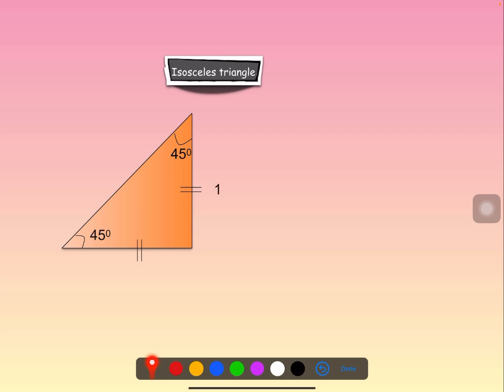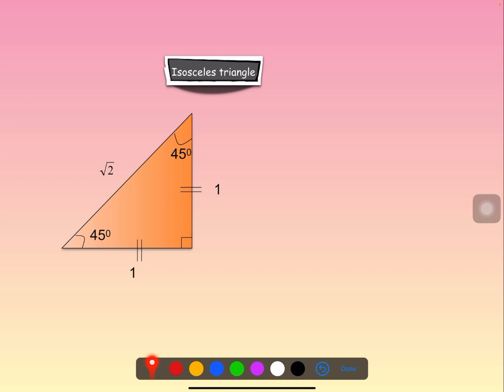And here must be 1, and here also must be 1 because tangent 45 is 1. So this hypotenuse must be square root of 1 squared plus 1, which is root 2.